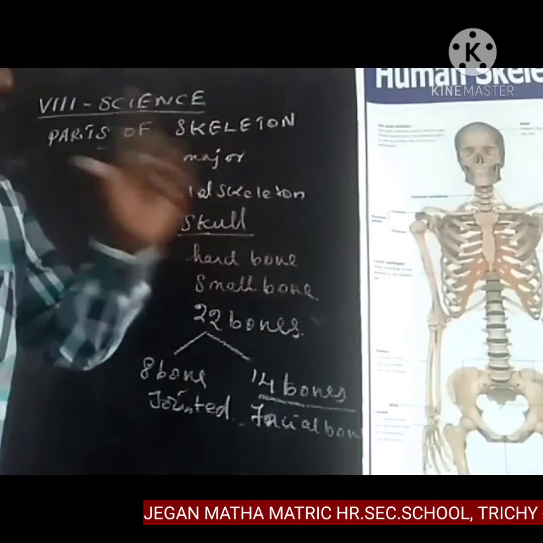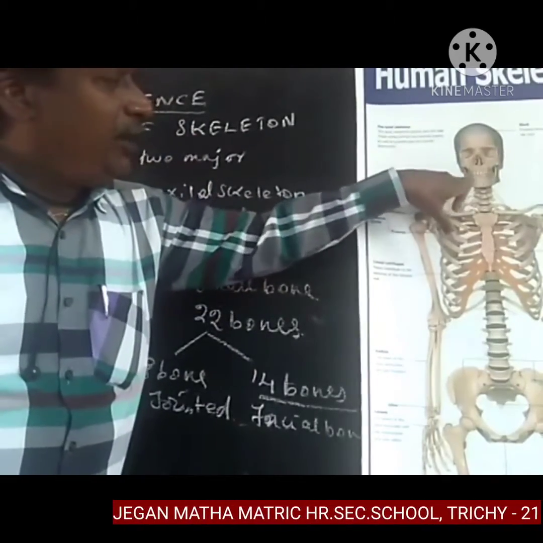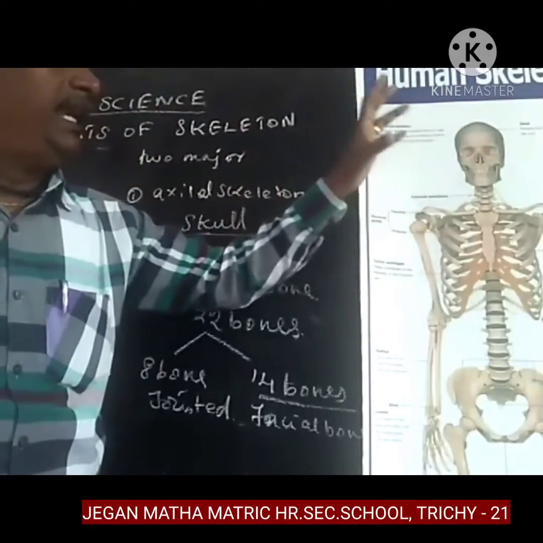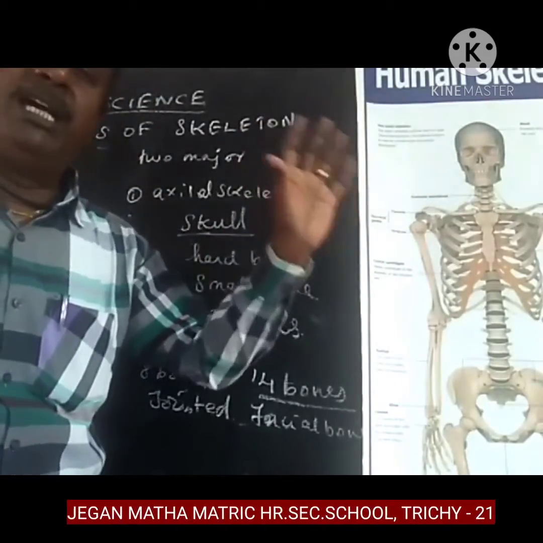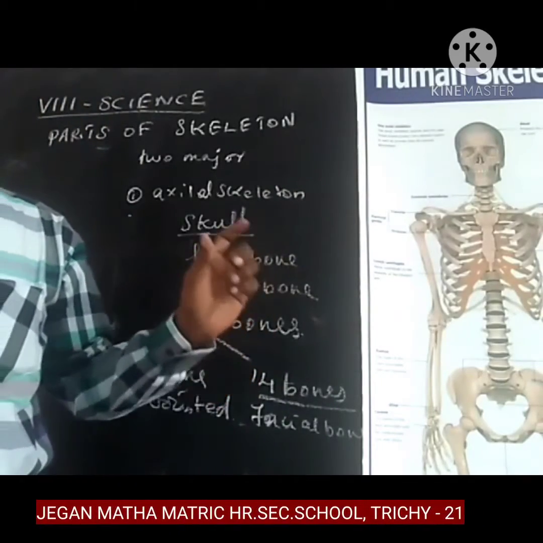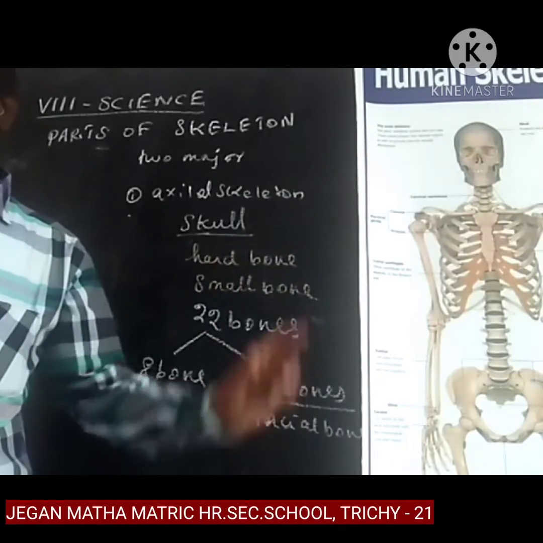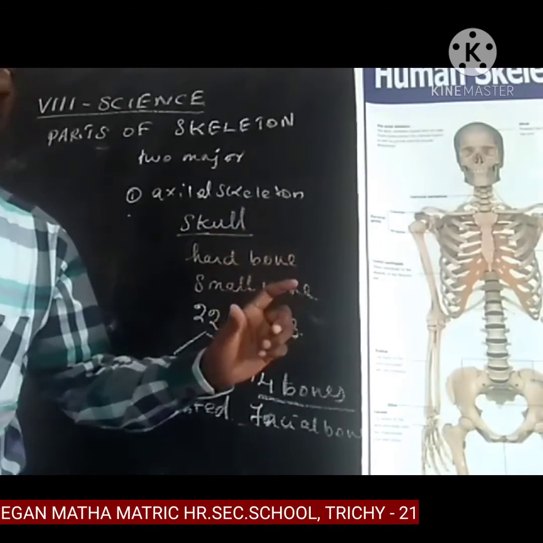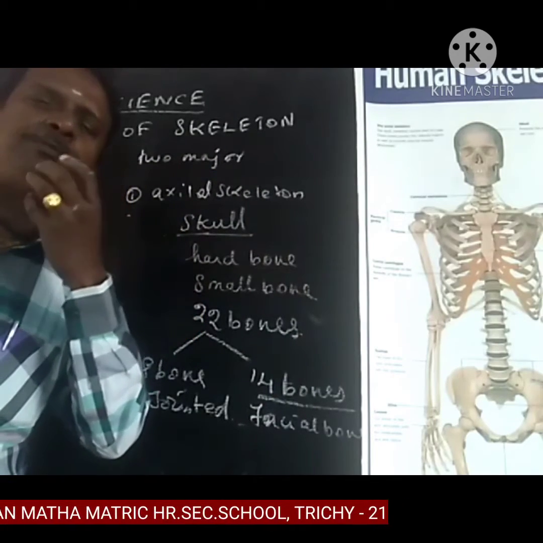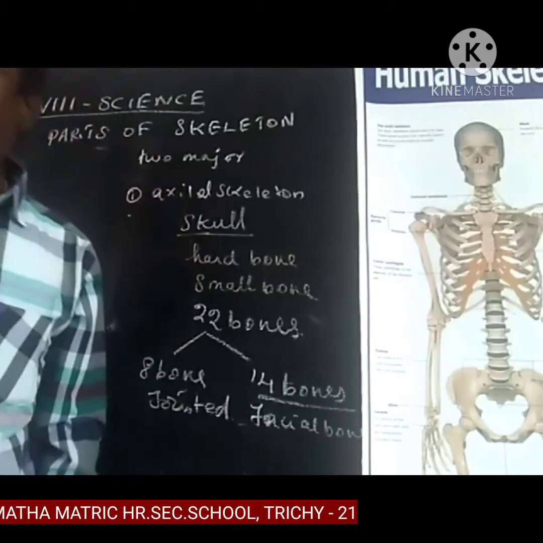But only one bone is movable. Which bone? The lower jaw. The remaining 21 bones are immovable. The lower jaw is a movable joint, supported by muscles and ligaments.